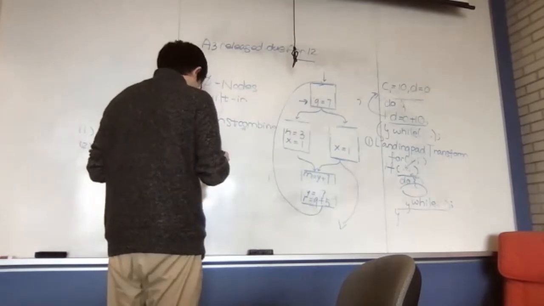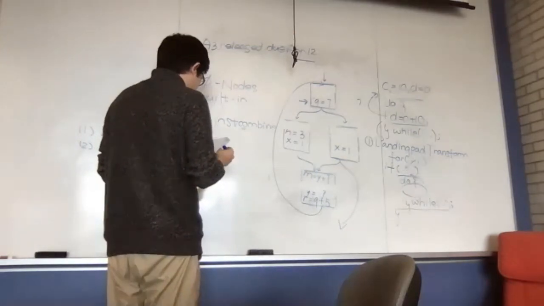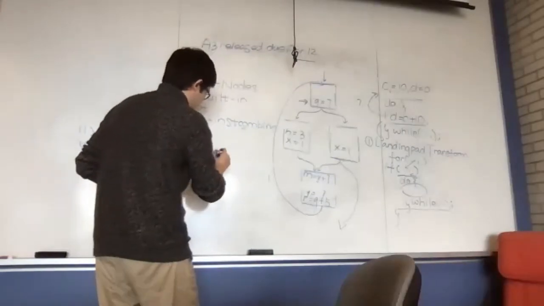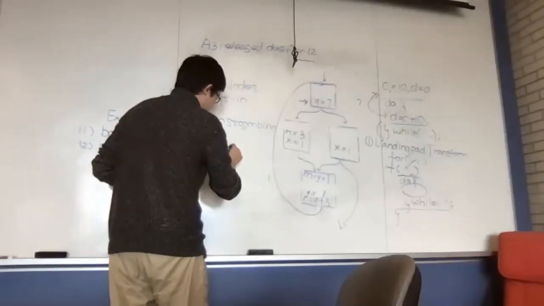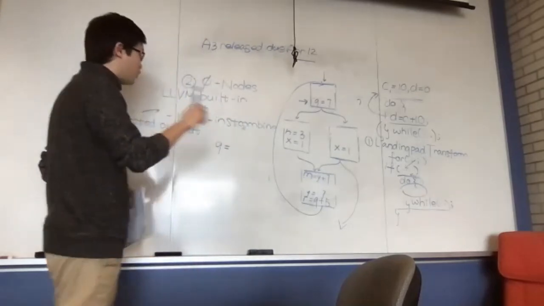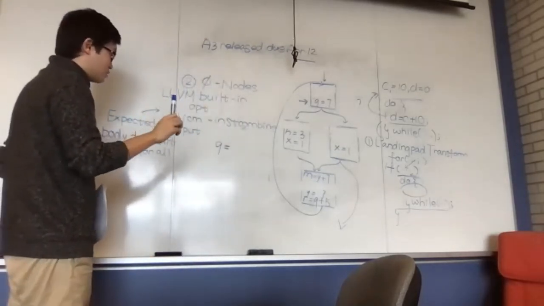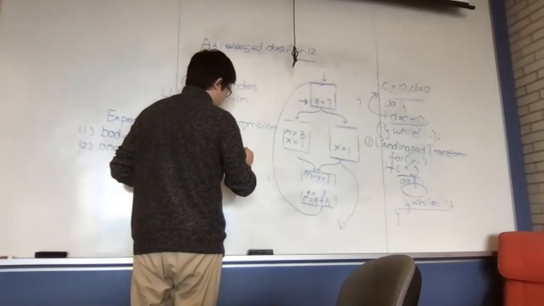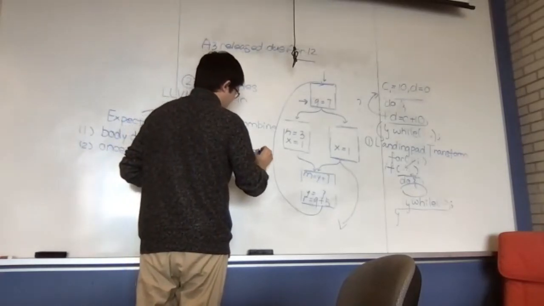So the answer to the loop invariant code motion question is that the only candidate left, if we strictly follow what we described during the lecture, is Q equals 7, or you might say X equals 1 as well.